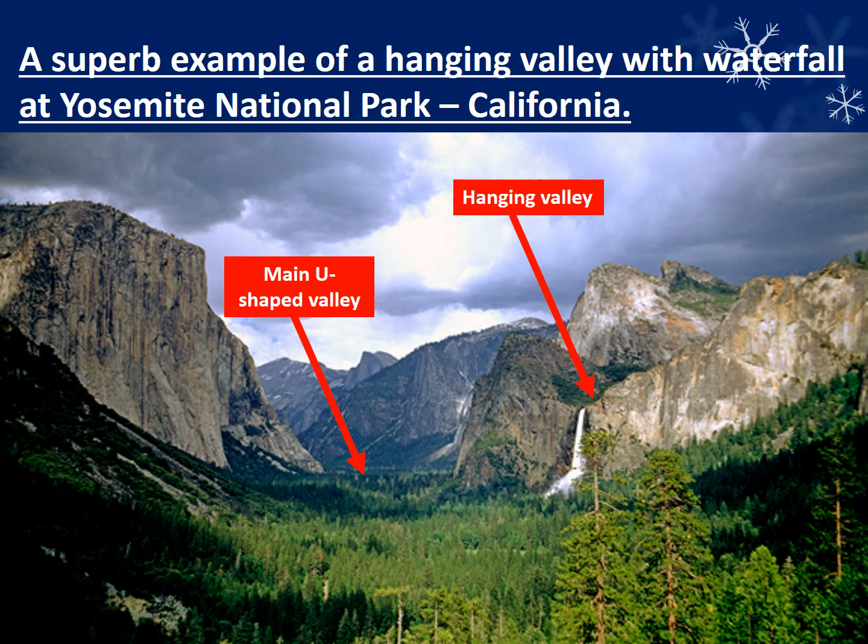And you can see that now that the ice is gone, you have got a misfit river which flows into a waterfall, which really spectacularly flows over the edge there and into the main valley. This is in Yosemite National Park in California, so it's well worth taking a look at Google Earth to have a look around this area a bit more.